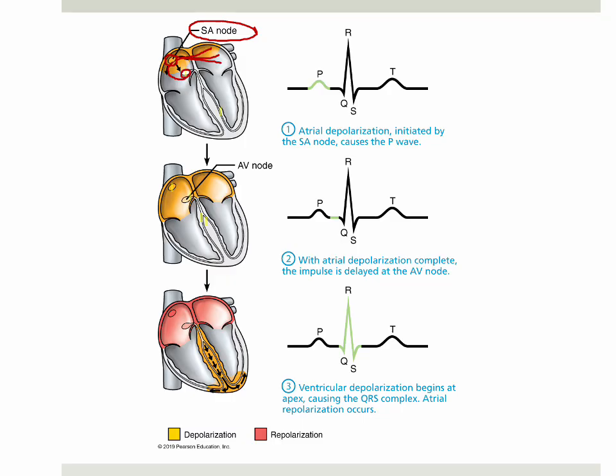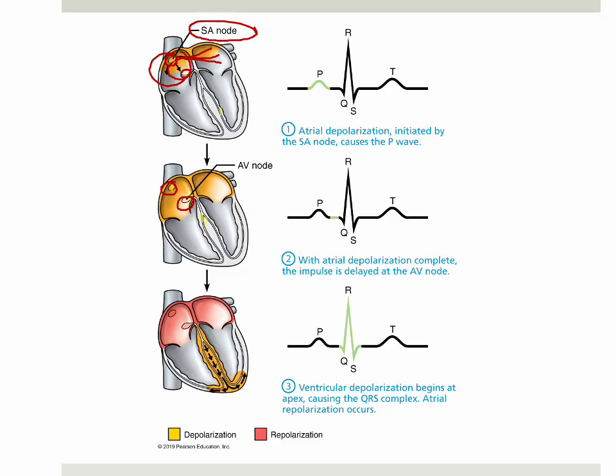Okay, and if you guys see here, they're still in the atrium, but this SA node is close to the superior vena cava, and this guy here, the AV node, is close to the septum.